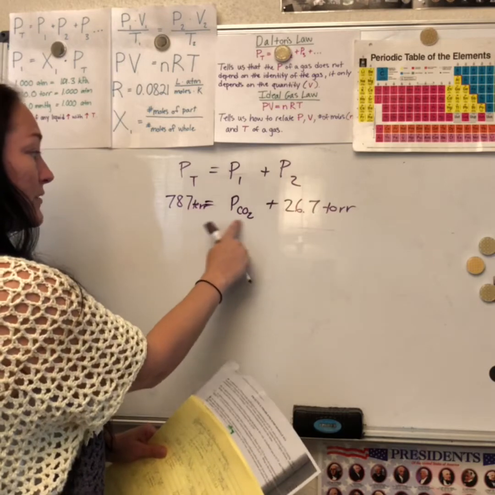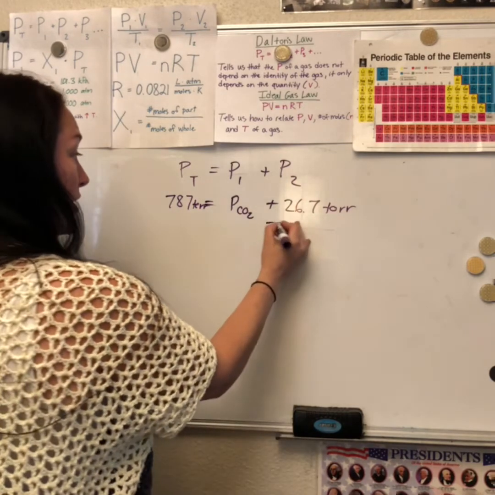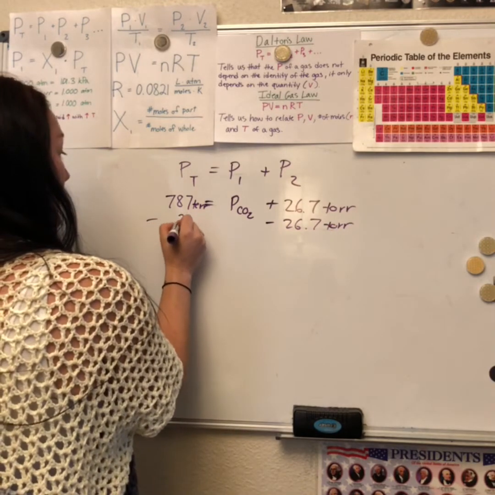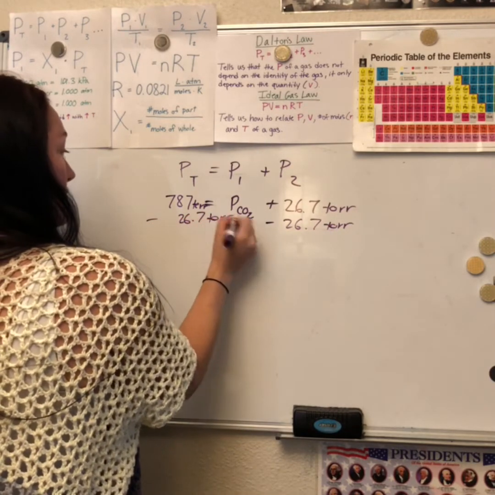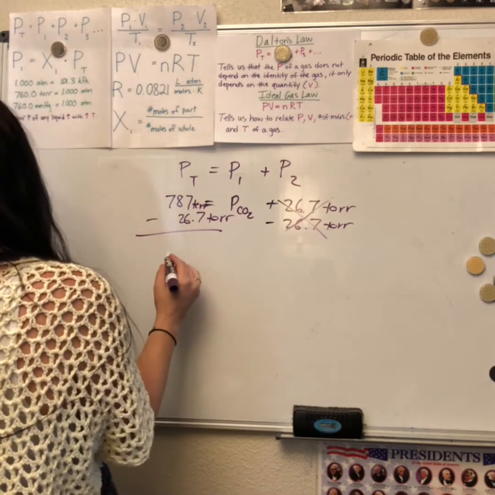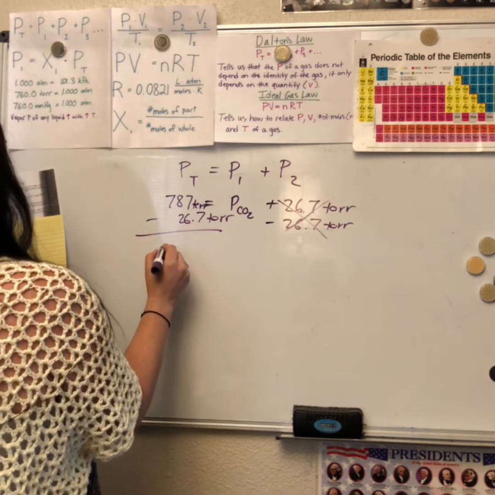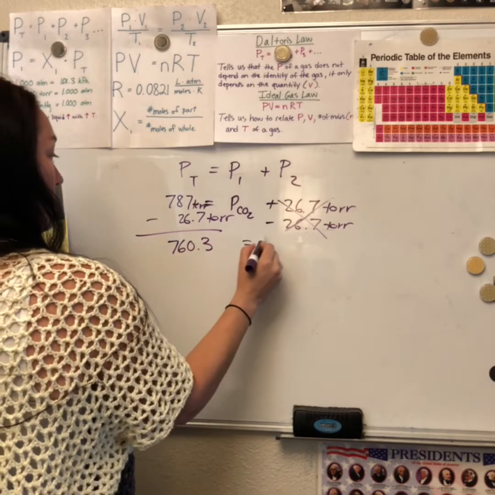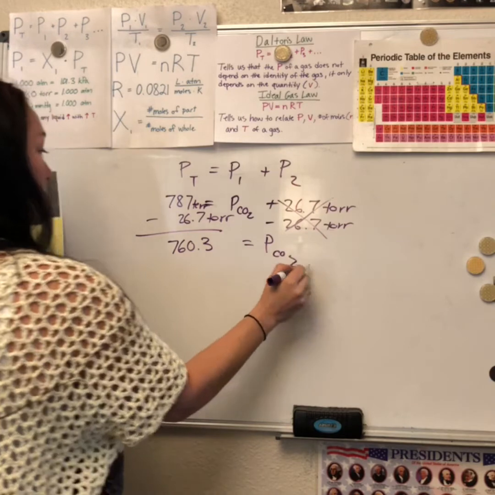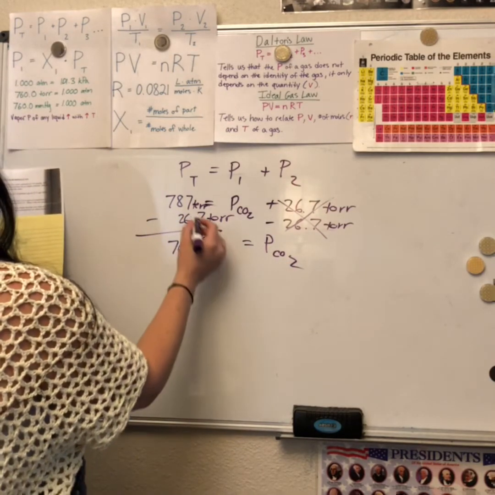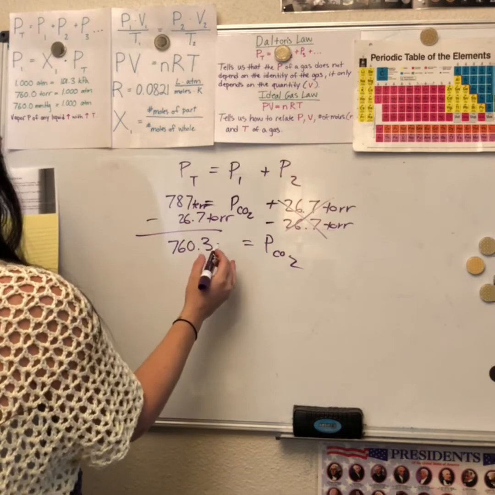So really all we need to find is this. That's what we're solving for. So we just use algebra. Okay? So if I do that, I'm canceling here, I'm subtracting here, and I end up with 760.3 is going to equal this. But I need to fix this because I can only have 3 significant figures.